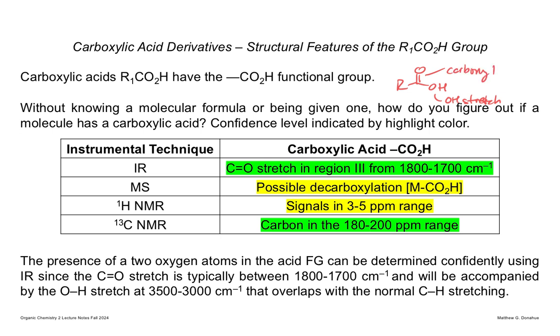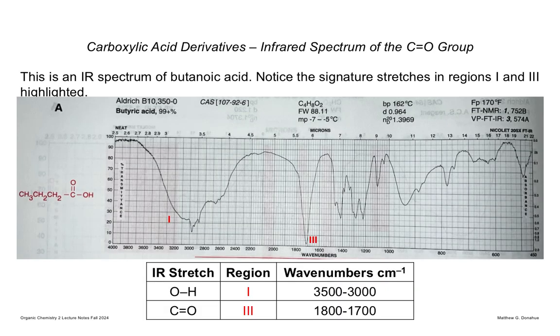The carbonyl carbon, again, will be in the 180 to 200 range, depending on what is bonded to the sp2 hybridized carbon. So really what your eye is focused on here is this really broad region there in region 1. And then you have the carbonyl stretch in region 3.